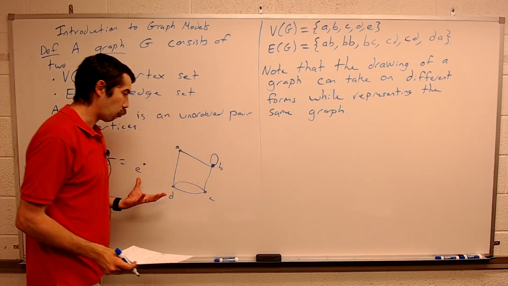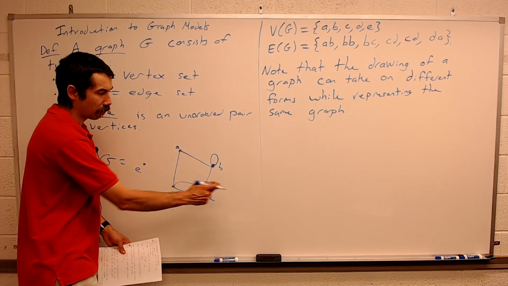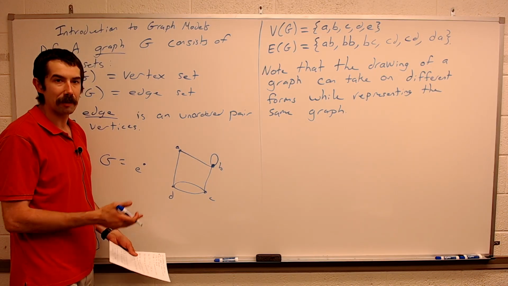So the way we drew this is not unique. For instance, we could have taken this vertex E and drawn it over here. And it would still be the same graph G.